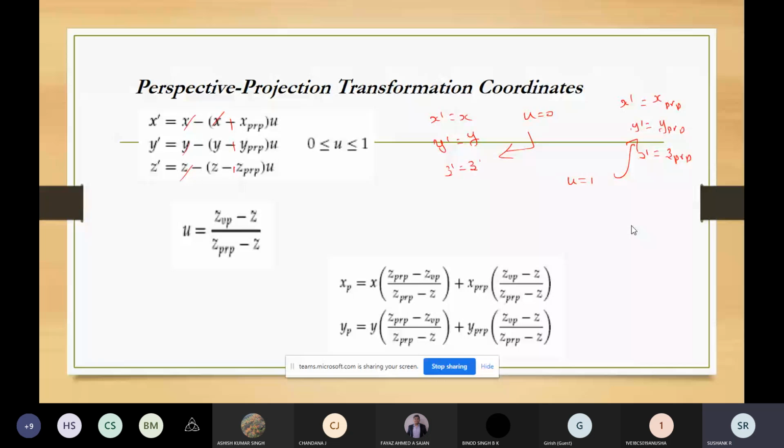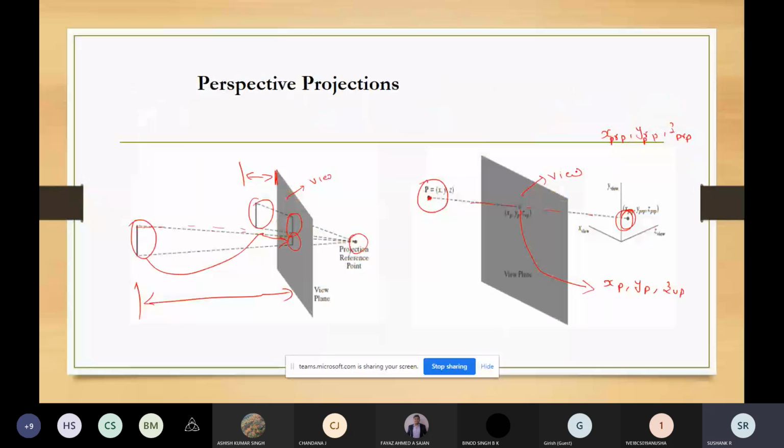So we know that on the view plane, z dash is equal to zvp. On the view plane, x dash will be equal to xp, y dash will be equal to yp, and z dash will be equal to zvp.